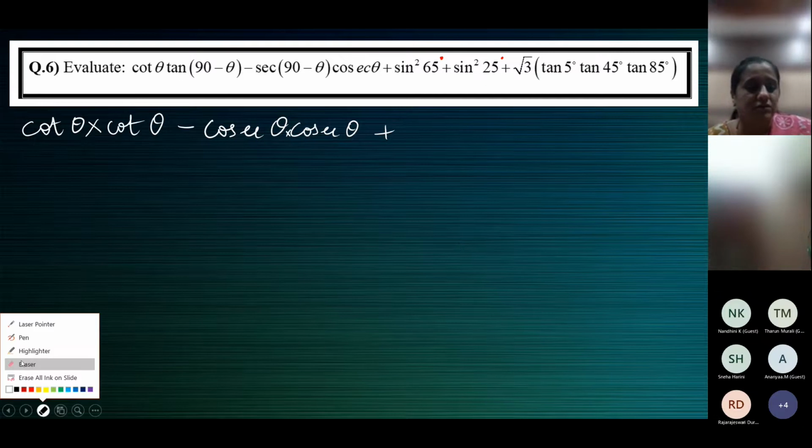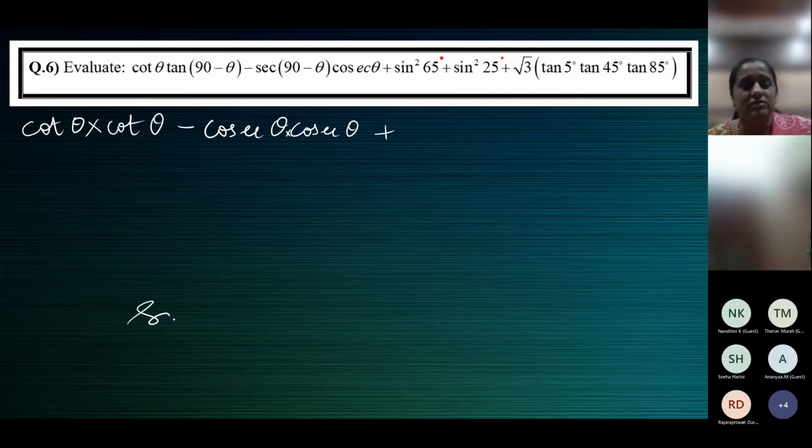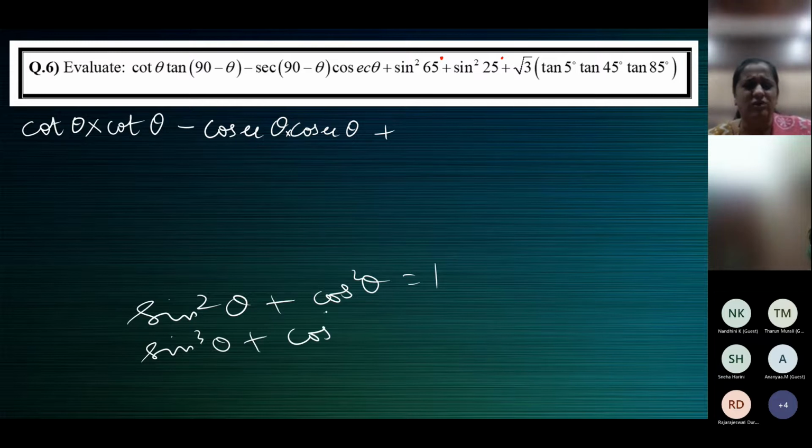See, one thing is sine square theta plus cos square theta is 1. Now you can't say that sine cube theta plus cos cube theta is 1. How can you say this? You use sine square theta plus cos square theta is 1, do something meaningful and get some other relation. That's fine.